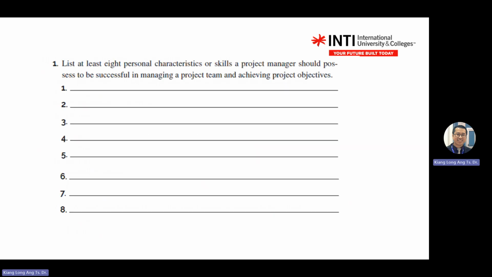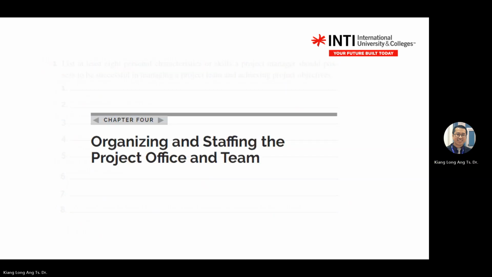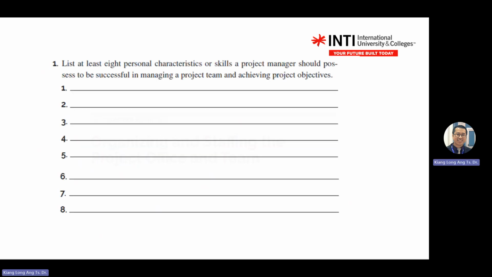Okay, chapter 4. Chapter 4 is more on the PMO, the project office. So, characteristics a project manager should possess for a successful project team. This is on the moral chapter.